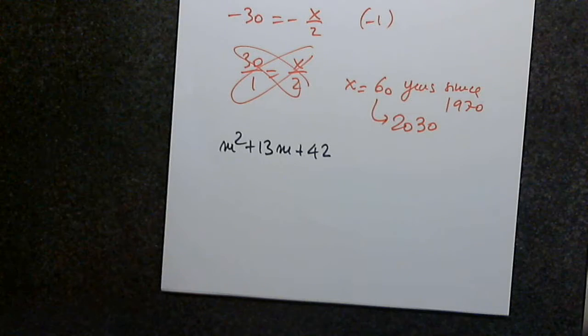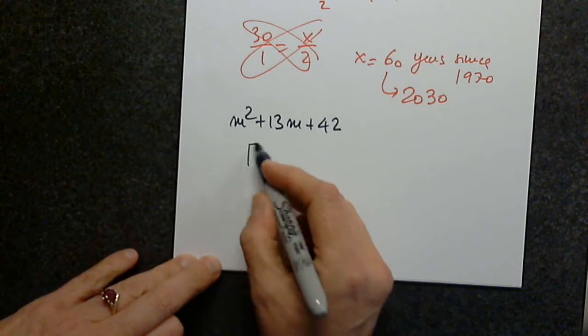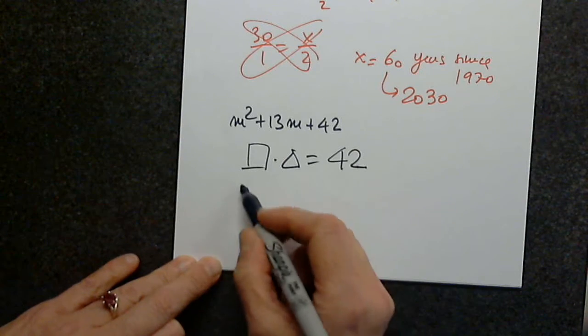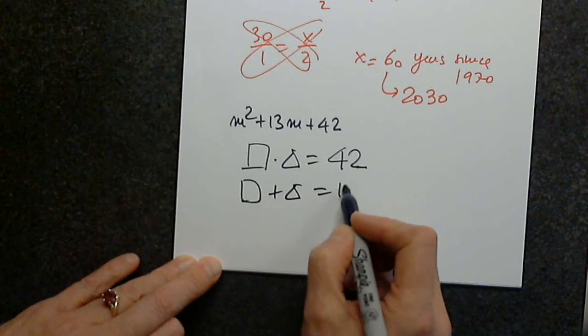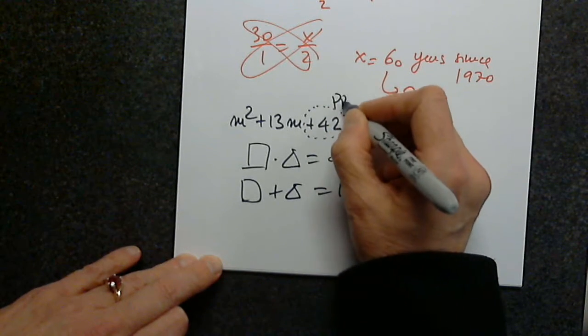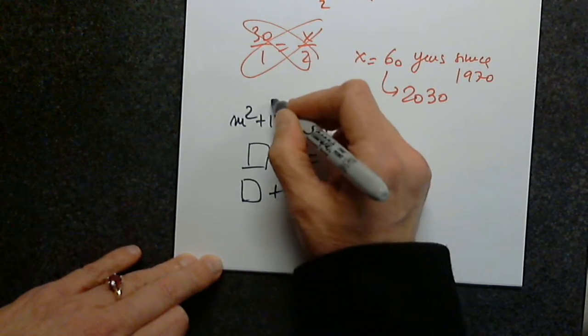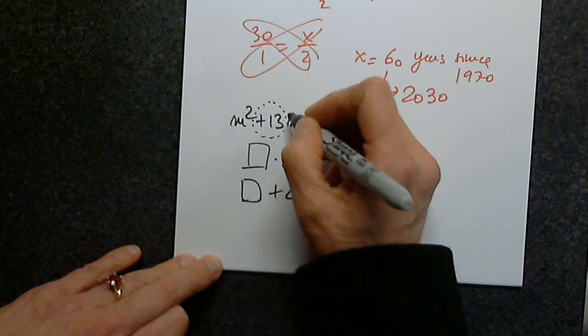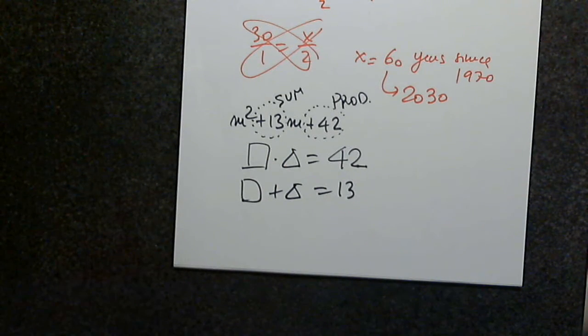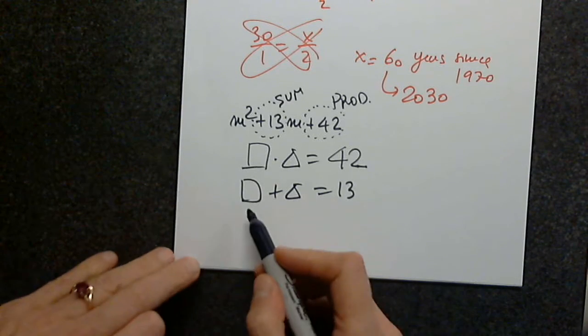So now I need to find two numbers whose product is 42 and whose sum is 13. So this quantity with the sign is always the product. This number with the sign, not the variable, is always the sum. 7 and 6. Okay, perfect. 7 and 6.